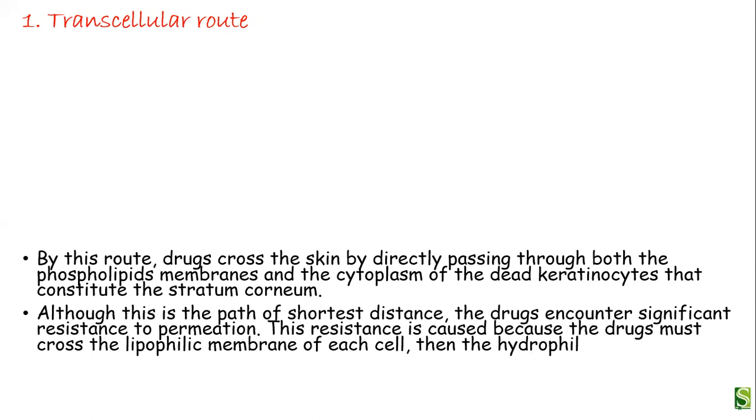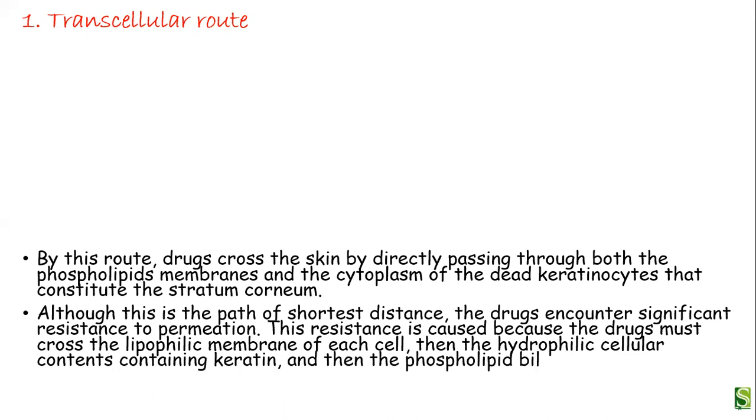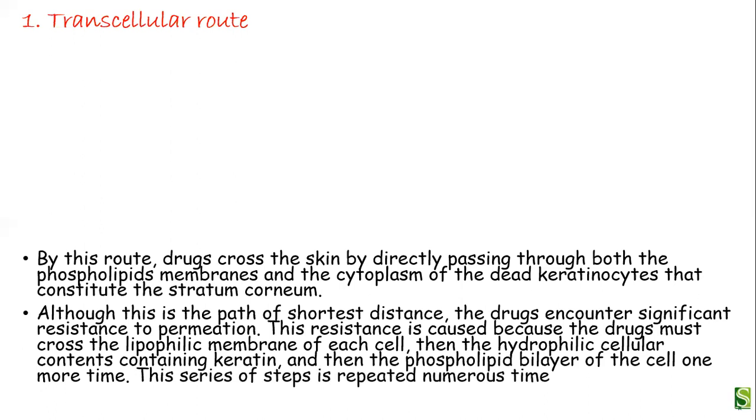The drug must cross the lipophilic membrane of each cell, then the hydrophilic cellular contents, which contain the keratin, and then again the phospholipid bilayer of the cell. This series of steps is repeated numerous times to traverse the full thickness of the stratum corneum.